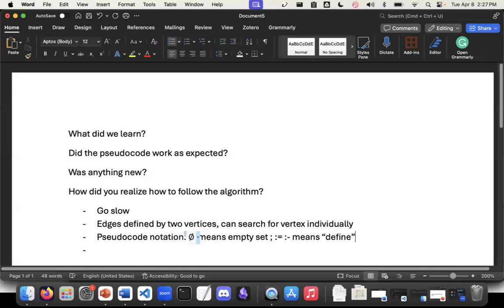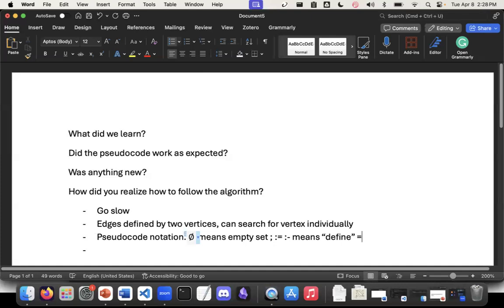That's something you learn as you read more pseudocode, where that's basically defining something. Is it the same thing as just equals? Yeah, pretty much. But it's something that may be specific to pseudocode.